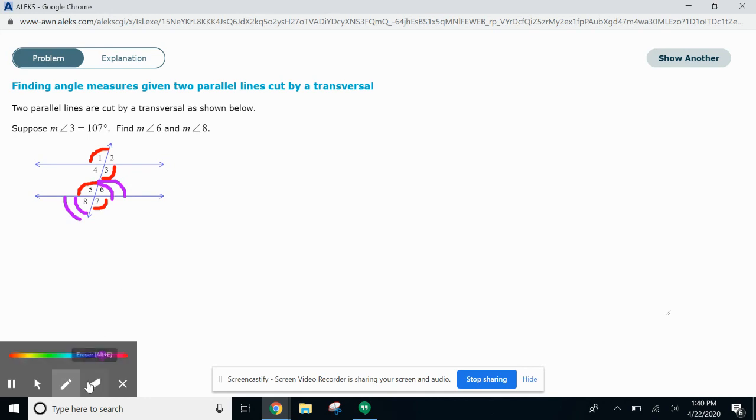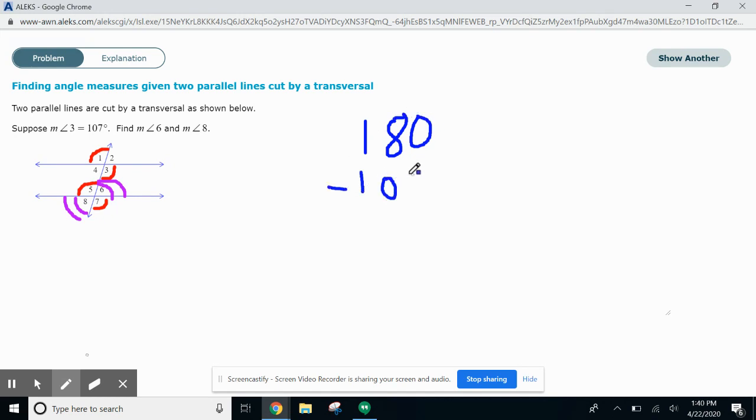All right, so now I'm going to do my math, and 180 minus 107, because that's the red angle measurement. The purple angle measurement is when I subtract this. So now 180 minus 107 is going to be 73.